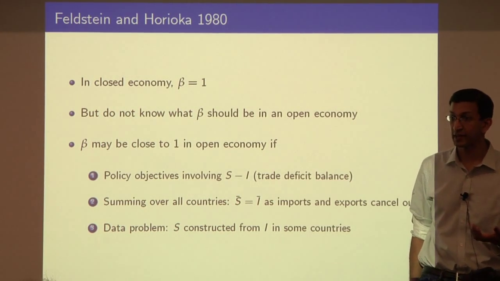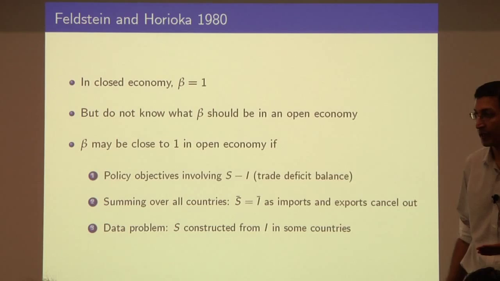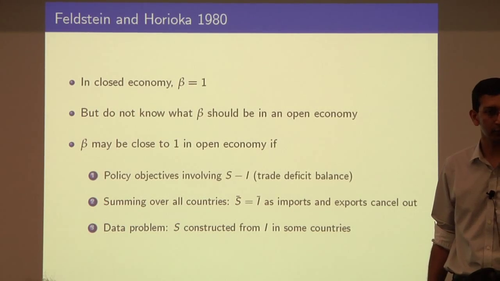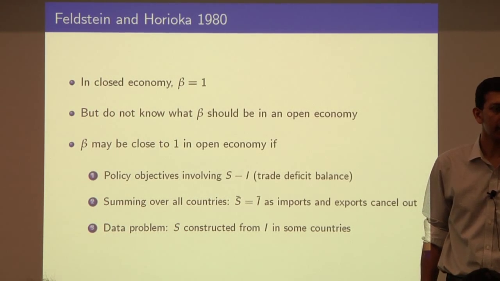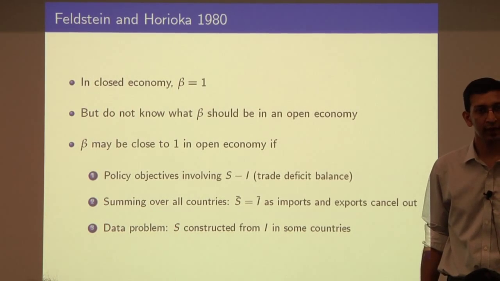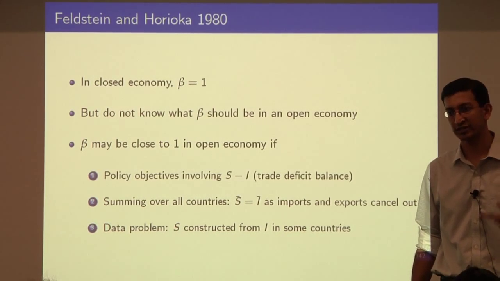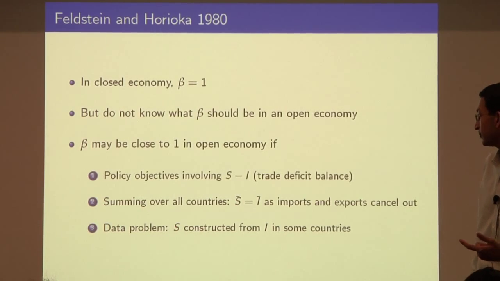And so what I'm going to end up seeing in the data when I regress S on I is that the two are very highly correlated. They move together. But that doesn't mean that capital doesn't flow relatively freely. It means that there's some third force that's acting to push these two together.